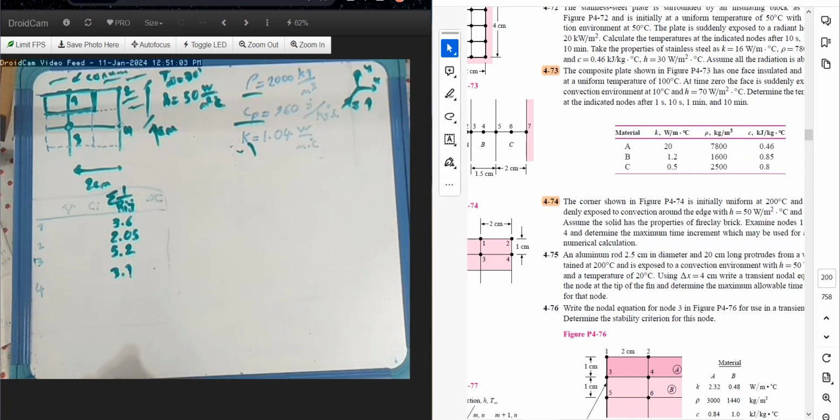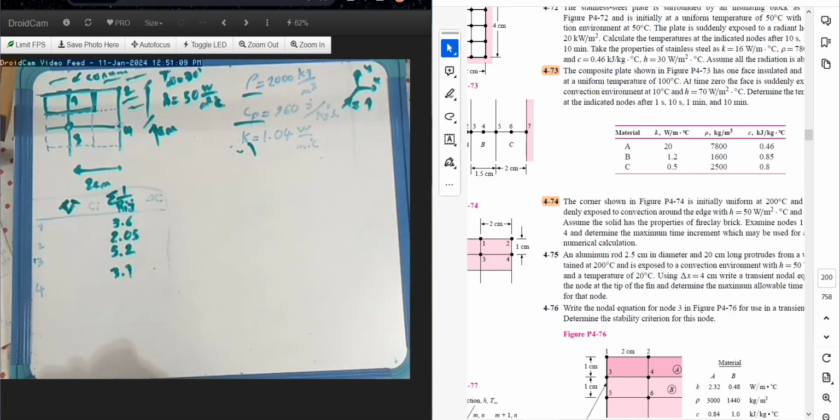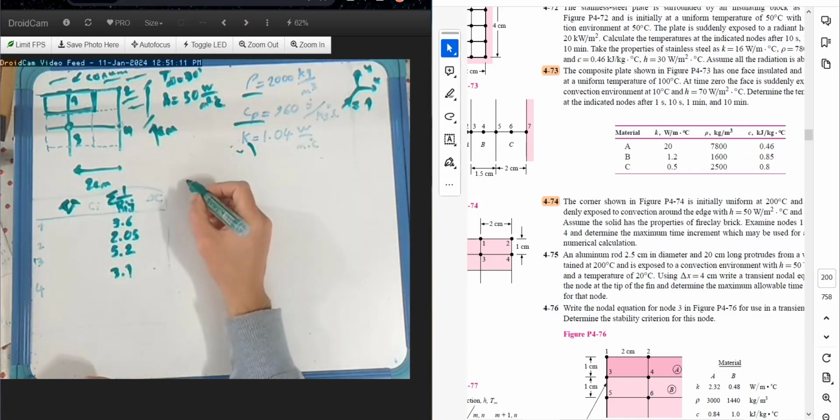Okay, let me continue with the calculation of V, because V is the volume of each element.